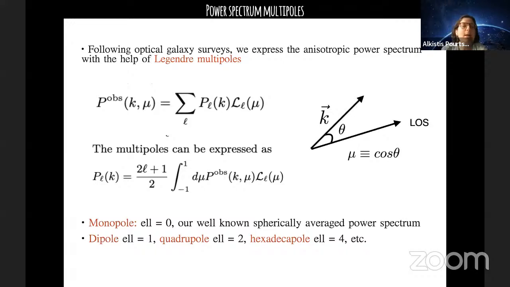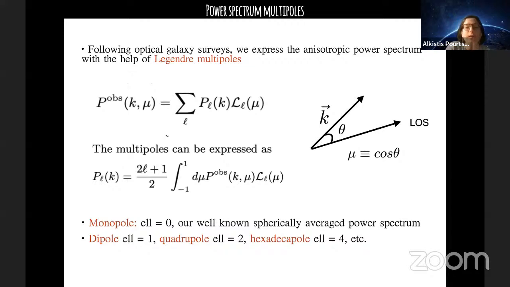Instead of working with all the possible P(k, mu) that you would have, a huge, very complicated covariance to deal with, optical galaxy surveys use the basis of Legendre multipoles. They compress P(k, mu) to basically three multipoles: the monopole, the quadrupole, and the hexadecapole.